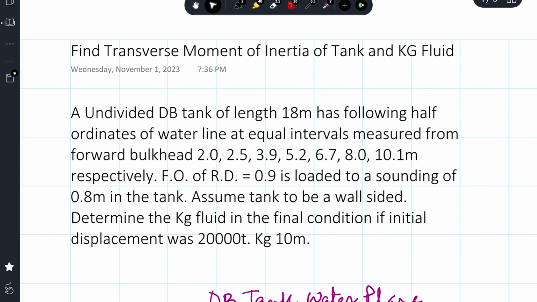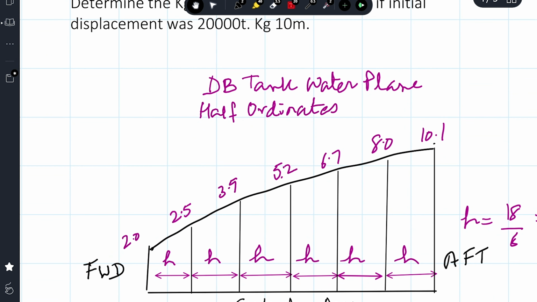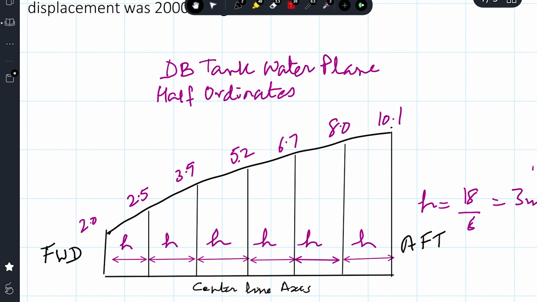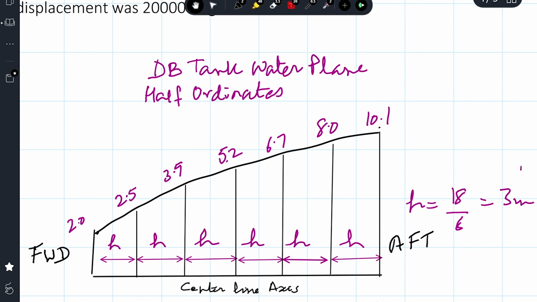So let's see how we proceed with such questions. Okay, we have here this diagram. It's a half water plane, rather, because it's not water, it's an oil tank, but they call it waterline. From forward to aft, ordinates are marked.